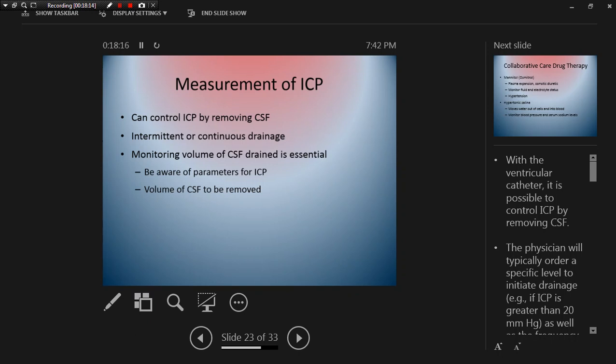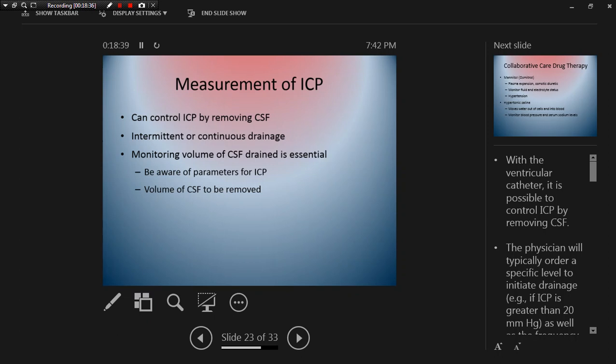All right, so with measurements of ICP, in addition to measuring the level, you can actually remove the CSF to maintain the ICP. You can do it intermittently or it can be a continuous drainage. Some things you need to be aware of is how much drainage you are taking off, okay? So you need to be aware of the parameters for the ICP.